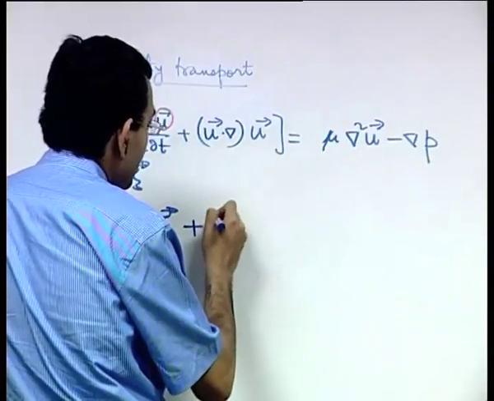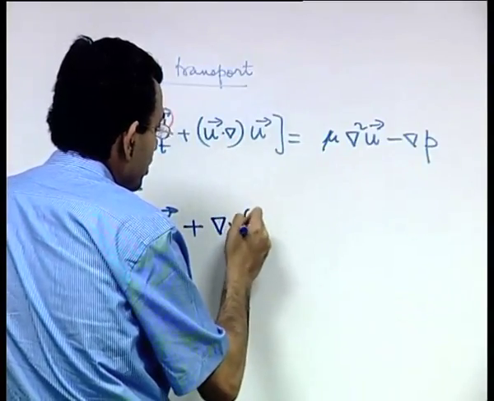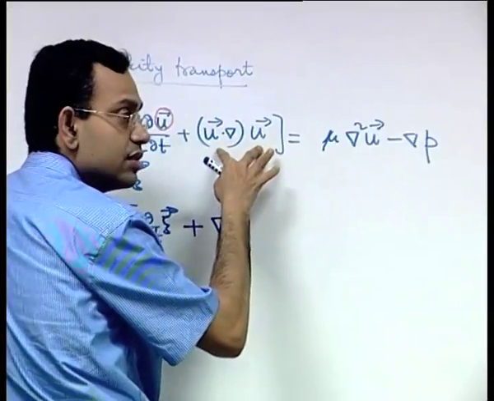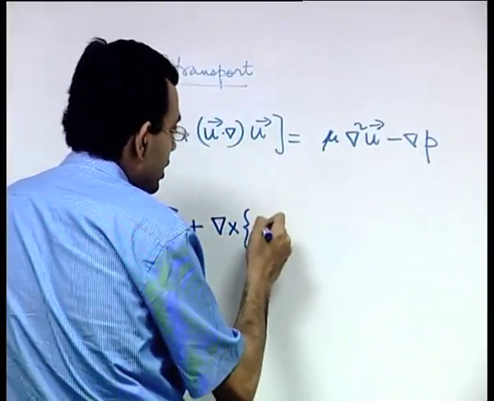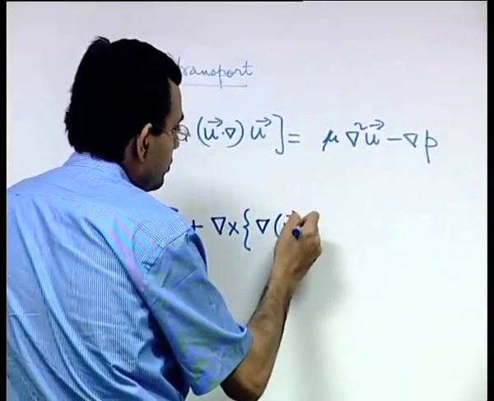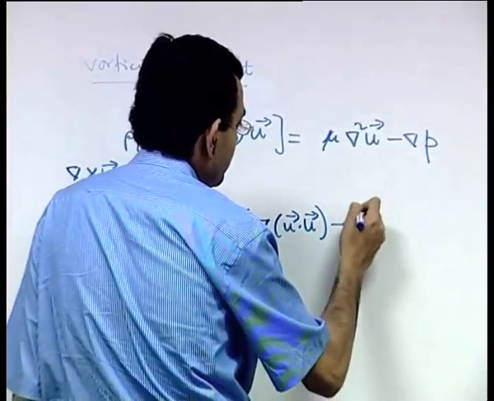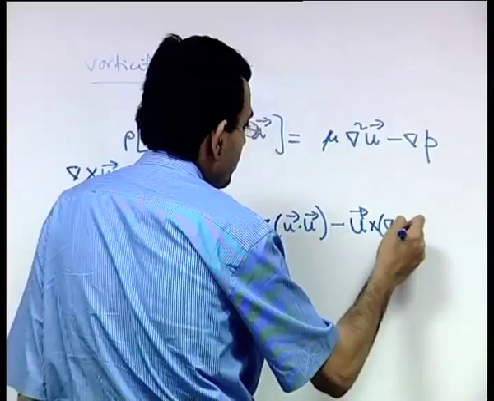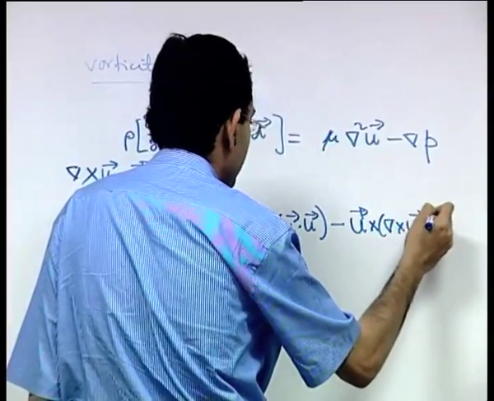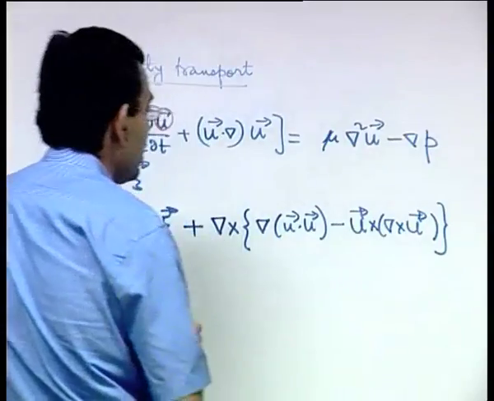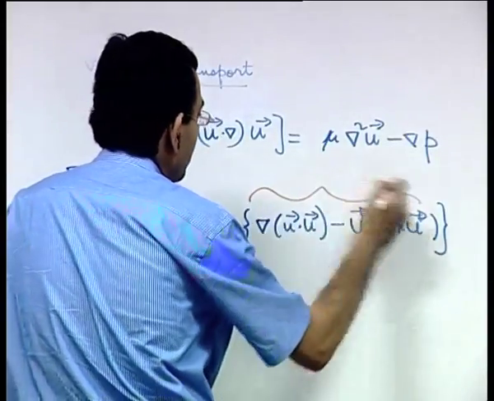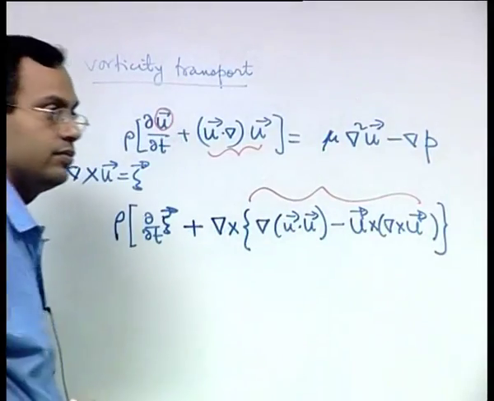Now before taking the del cross, you can simplify this particular term by using a vector identity. This is a vector identity to write this corresponding term.